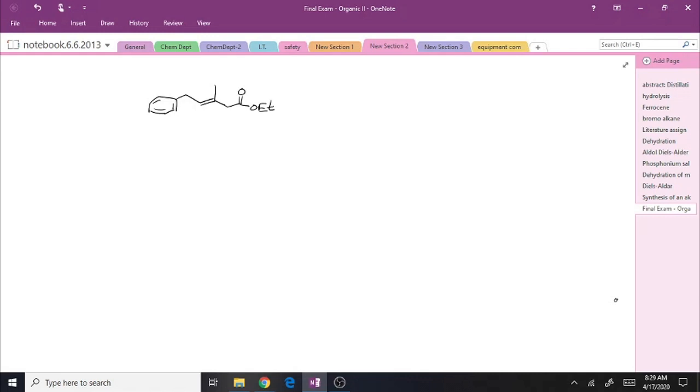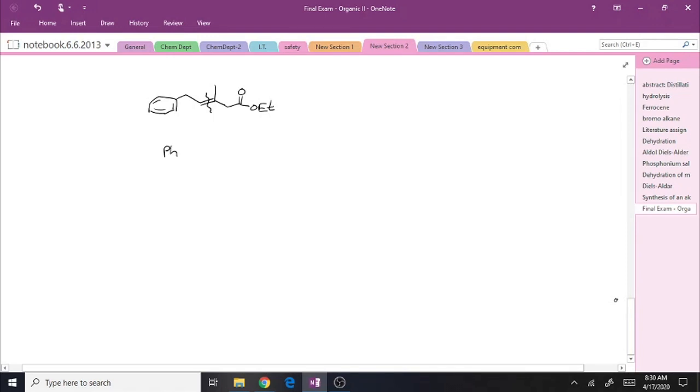And again, remember, a Wittig is forming a carbon-carbon bond, specifically in this case the double bond. And it is the reaction between a carbonyl and a phosphonium, or actually the ylide, that forms after deprotonation of the phosphonium salt. And again, we could do this in one of two ways.